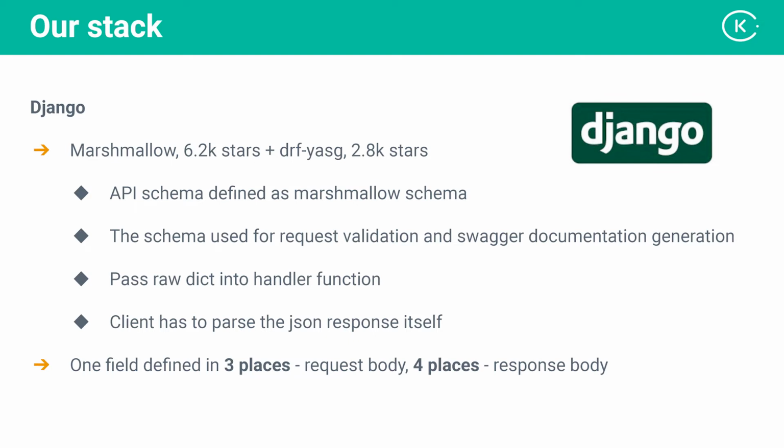And again, you pass the raw dict into the function, so the function needs to parse the request body manually. So again, in Django, the request body is defined in 3 places, and the response body is defined in 4 places. So again, no significant improvement.